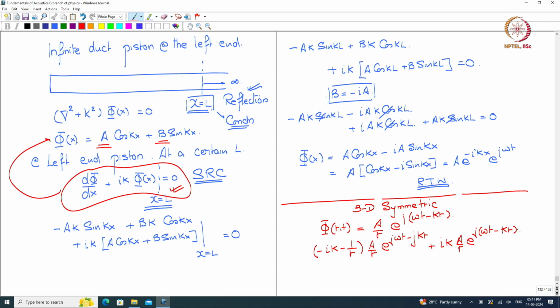Okay. So now what happens? You can see that this term cancels, but we have one extra term left over here. This comes due to spherical spreading, and it decays away as 1 over r square. So not a problem. We can put a limit r tending to infinity and it will be taken out.